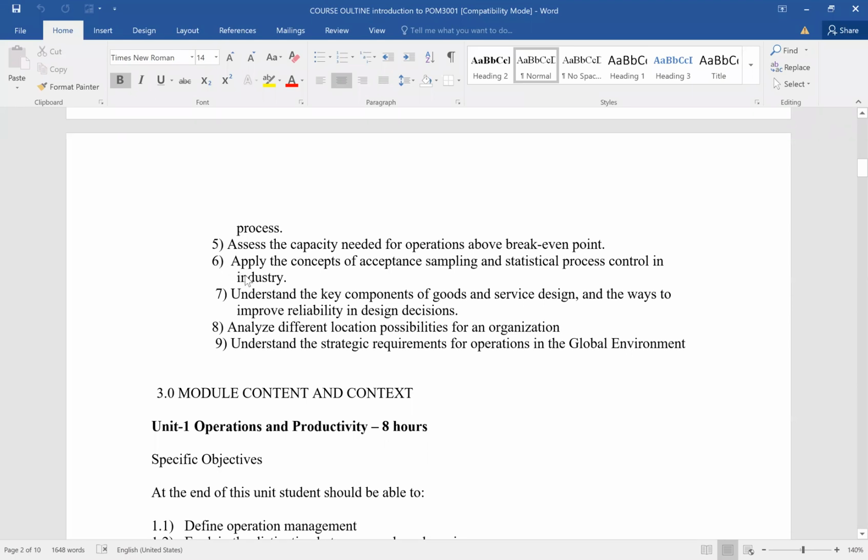Okay, good. So you should be able to apply the concept of acceptance sampling and statistical process control in industry. At Cadbury's, we used to do a lot of that because we actually made chocolate from cocoa beans and sugar, right? But we had to keep them in liquefied form, so we kept them in huge tanks.